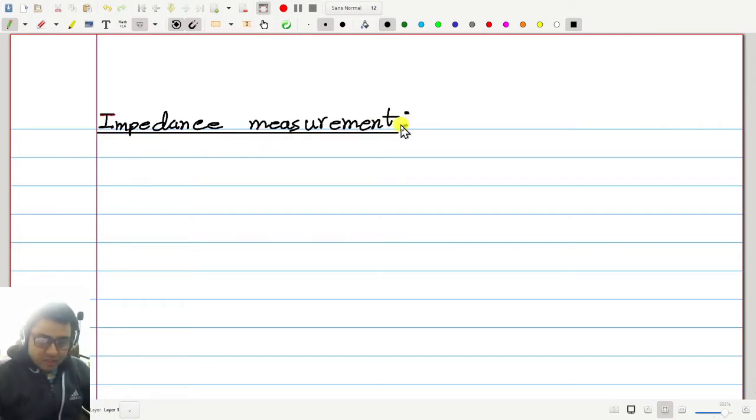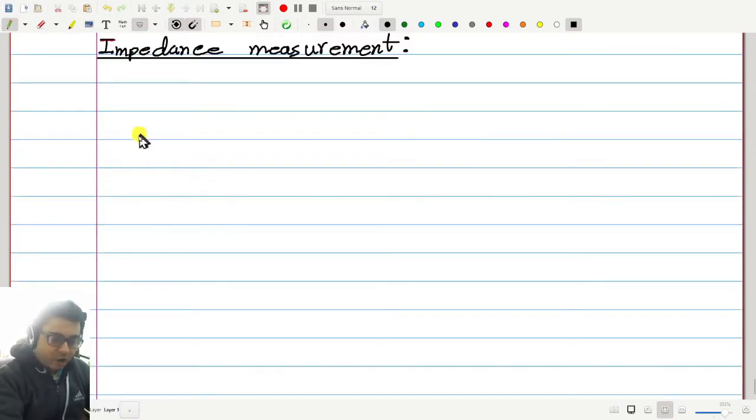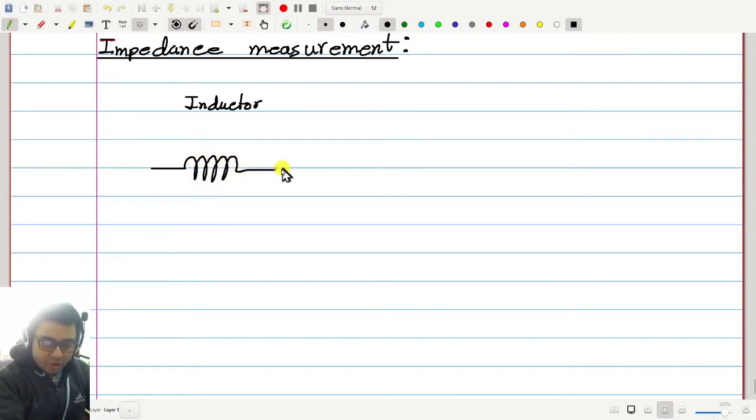Okay. So to start with, think of an inductor. We draw an inductor with this symbol, and when we use this symbol, we assume the inductor to be a pure inductance without any resistance, where the relation between the current through the inductor and the voltage across the inductor is given by V is equal to L di/dt, where L is the inductance value.